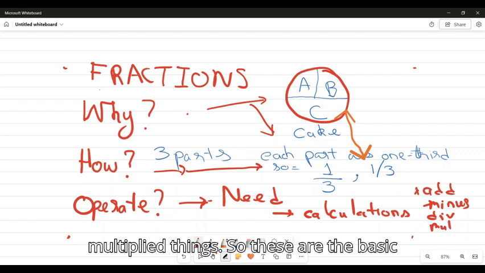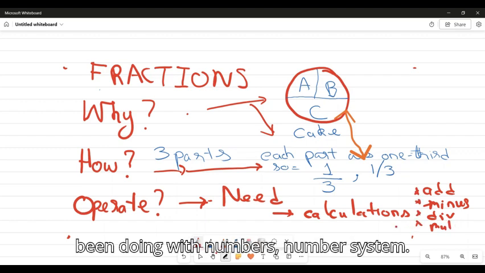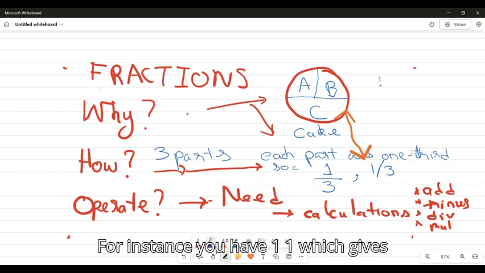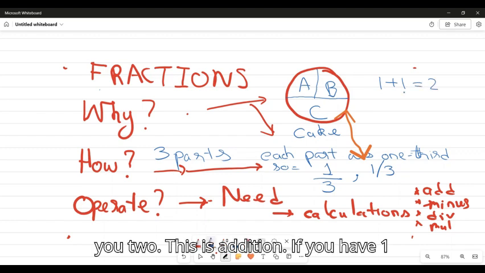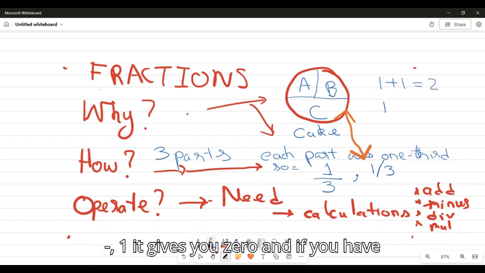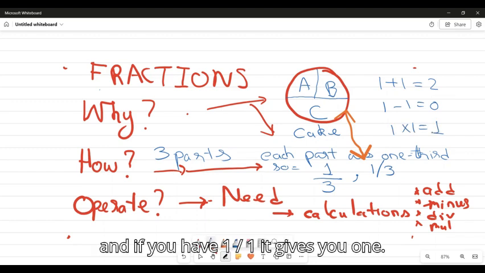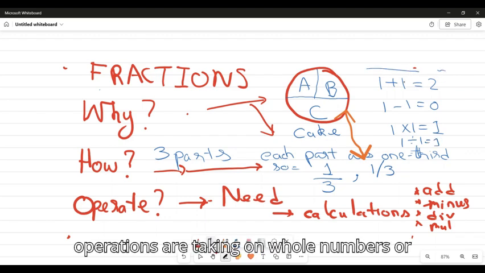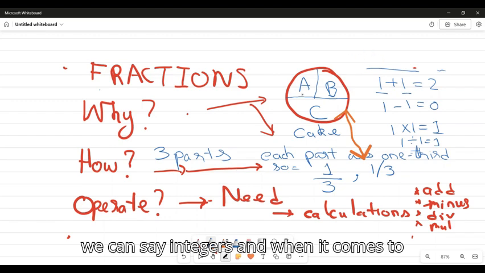These are the four basic operations that you have been doing with the number system. For instance, 1 plus 1 gives you 2. This is addition. 1 minus 1 gives you 0. 1 multiplied by 1 gives you 1. And 1 divided by 1 gives you 1. So the basic thing is that these operations are taking place on whole numbers, or we can say integers.